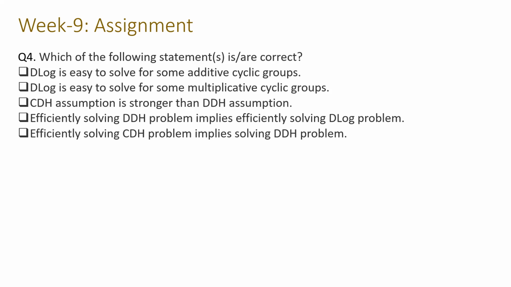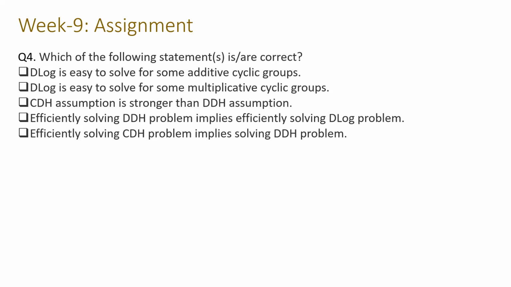Fourth option: efficiently solving the DH problem implies efficiently solving the D-log problem, that is, the discrete log problem. What the discrete log problem says is that if you were given the value of some g to the power alpha with some unknown alpha, then you cannot easily come up with the correct value of alpha, right?